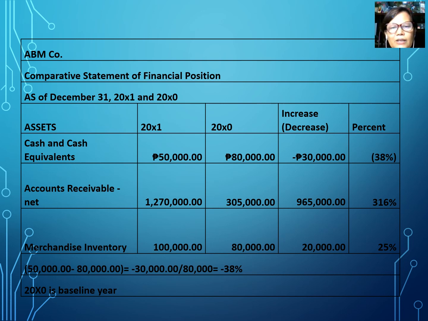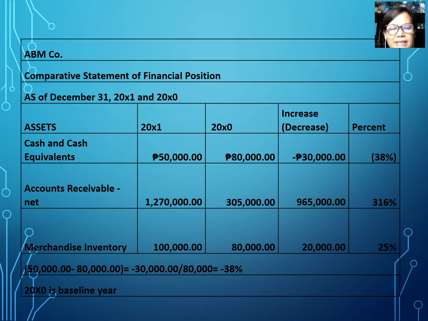And then, in 20x0, it is only 305,000. So, there is an increase of 965,000. Where did you get it? 1,270,000 minus 305,000. And then, the percent is 316%.